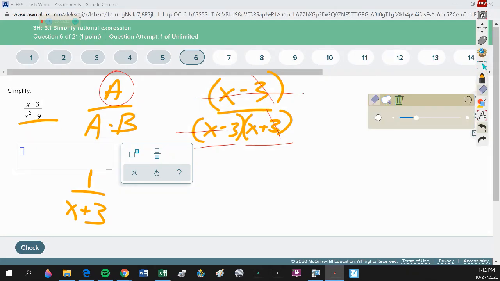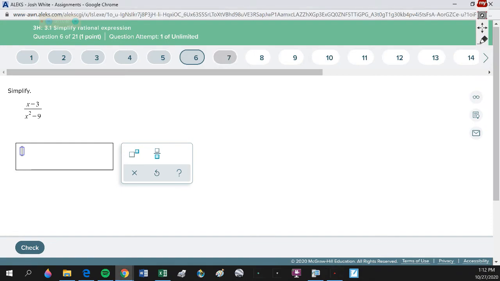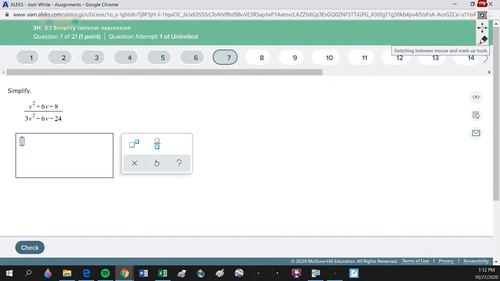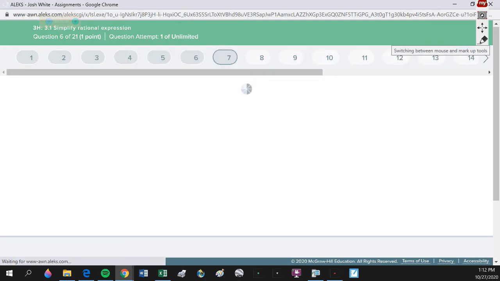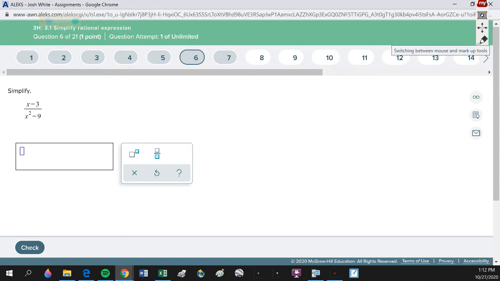Oh, hang on. Let's see what number 7 looks like. Okay, so that's a good question. So this is what I was talking about. You can't say, oh, x cancels x and 3, then I would get just 1 over x minus 3. It doesn't work that way. Okay? You cannot cancel a portion of an addition or subtraction.